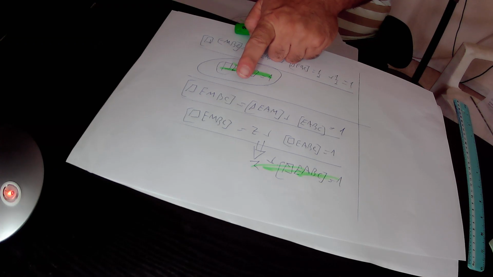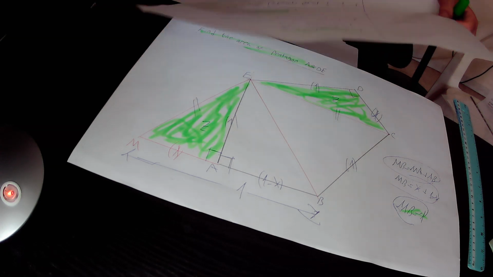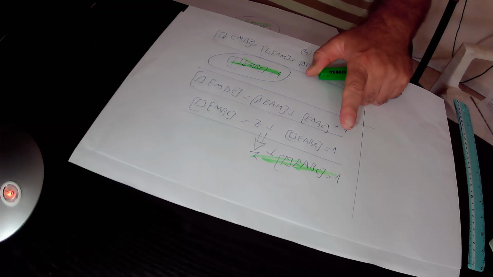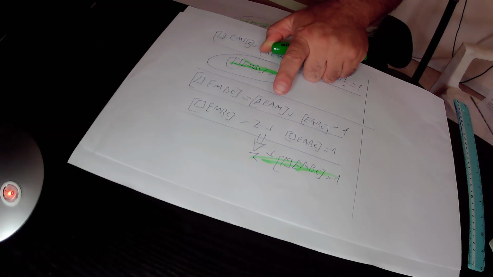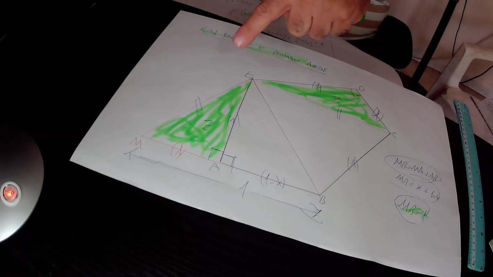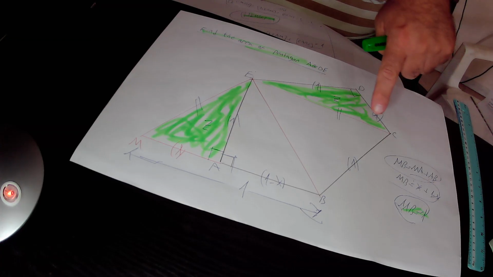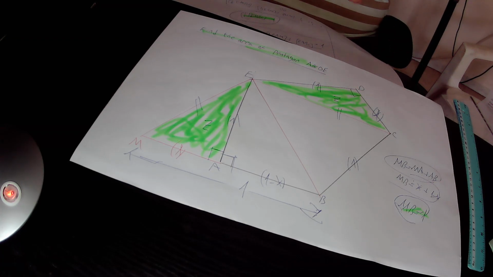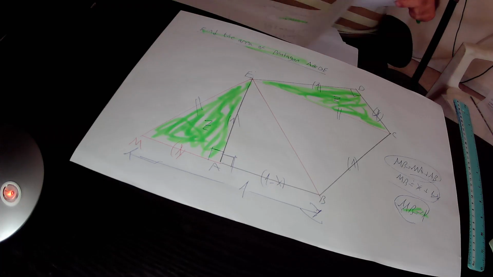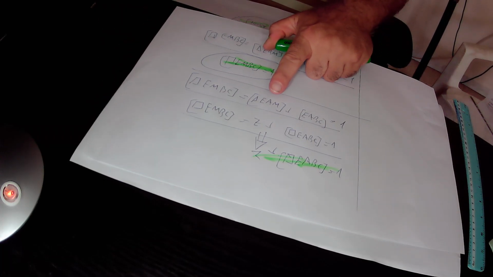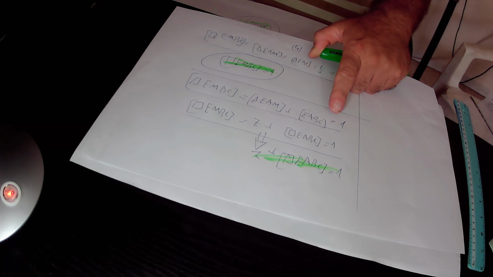Because the area of the big quadrangle EMBC is equal to 1, and it consists of two shapes: the green triangle EAM and the quadrangle EABC. So the sum of the areas of those two shapes equals 1.